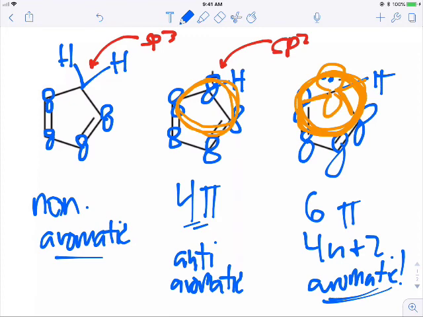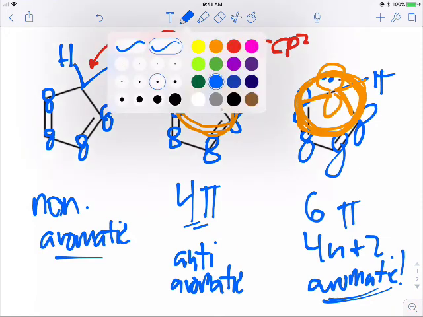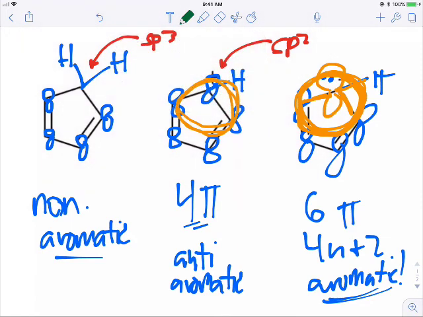Now, this is kind of interesting because in this context, the anion, the carbanion, is more stable than the carbocation. And that's usually not the case. Usually the carbanions are less stable.